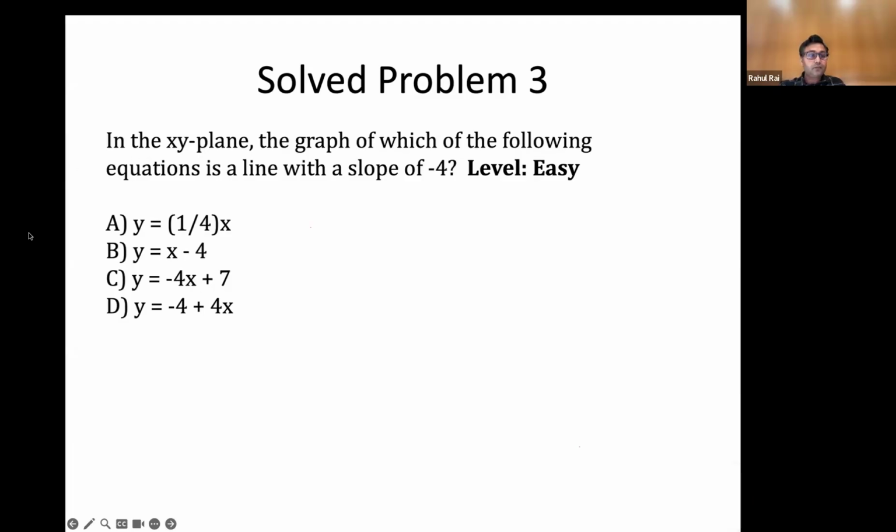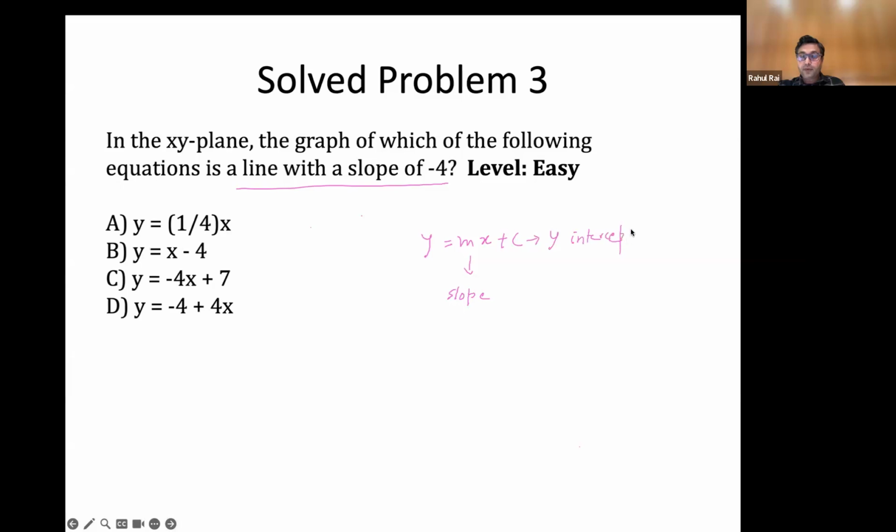The question is, in the xy plane, the graph of which of the following equations is a line with slope -4. Now, this is related to the fact that a straight line equation is of this form, where y is equal to mx plus c, where m is the slope of the straight line and c is known as the y-intercept, right?